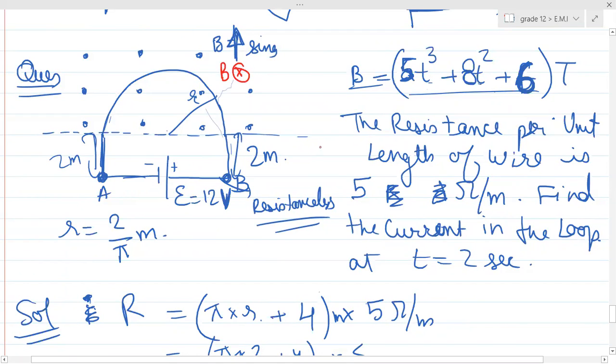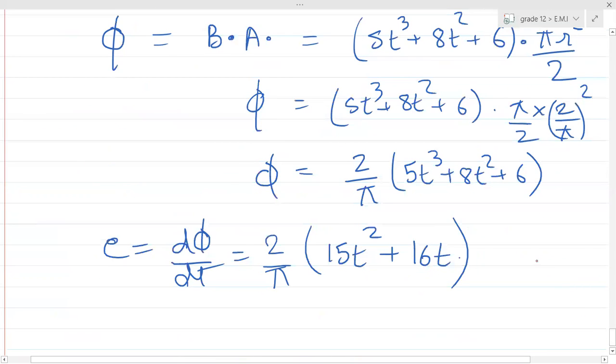And for that to happen, the current I induced shall flow like this, right? Yes. So basically, this is the EMF which is induced.